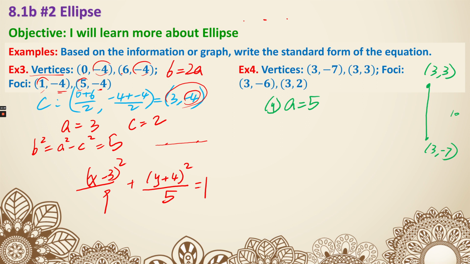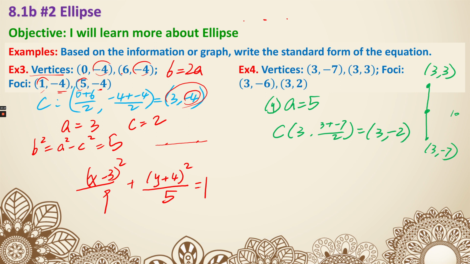And because of that, I can also calculate my center. The x coordinate would have to be 3, but then the y coordinate is in between 3 and -7, so (3 plus -7) divided by 2. My center would have to be (3, -2).